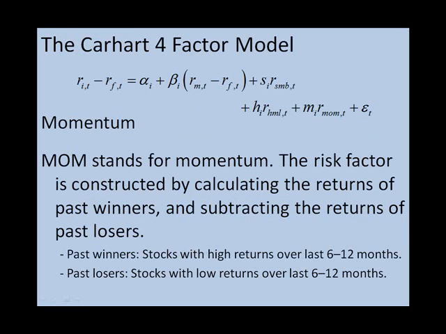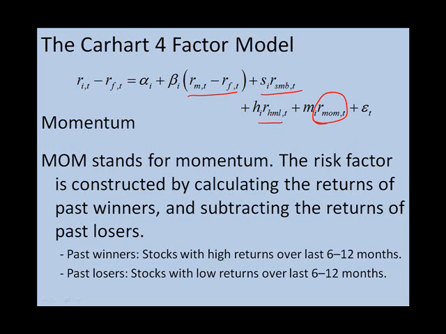We also have a four-factor model, known as the Carhart four-factor model. The Carhart four-factor model includes the same factors from the Fama-French three-factor model. We have the market, we have SMB, we have HML, and what Carhart added was this additional factor called momentum. We've talked briefly about momentum in this class already.